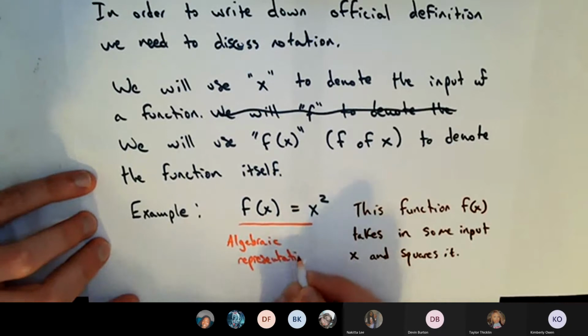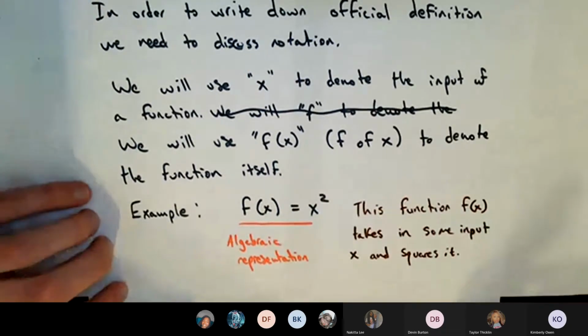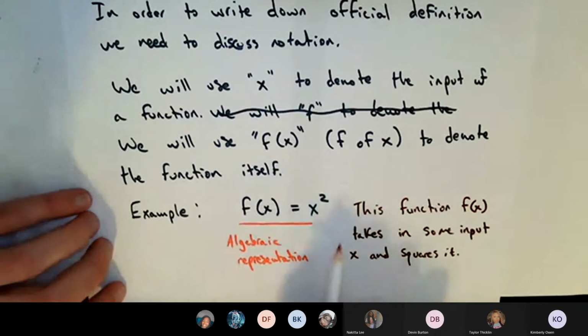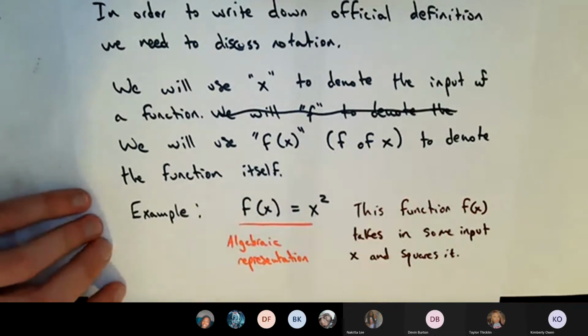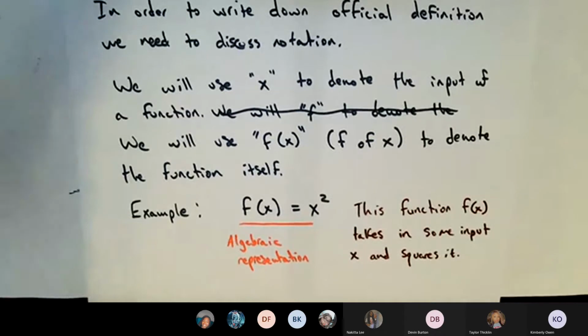I told you this would be the way we're going to look at functions the most, and you've probably seen something like this before. It's probably the most widely used. No one's really going to just use a verbal description of a function if they're trying to write it down.